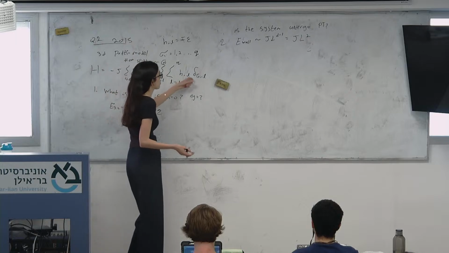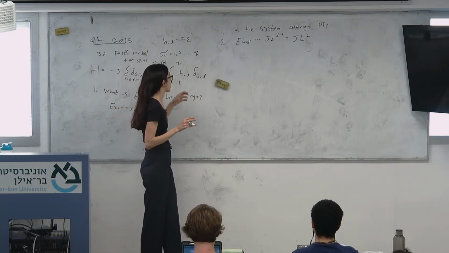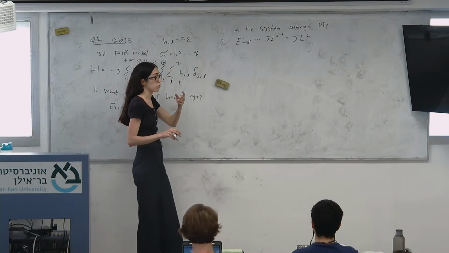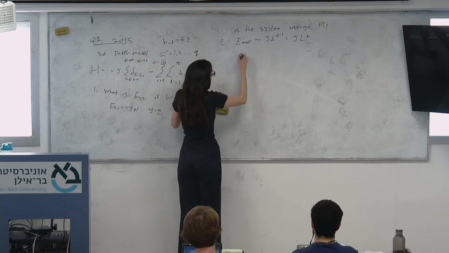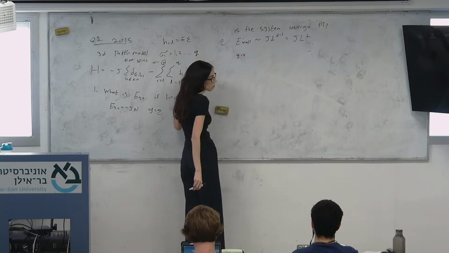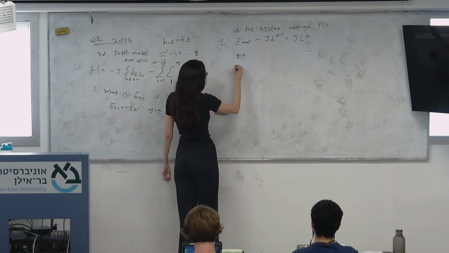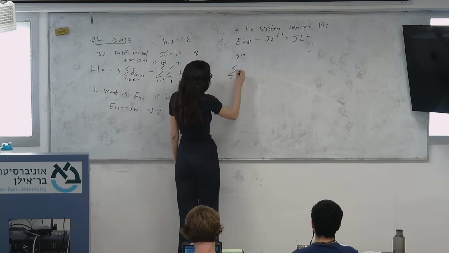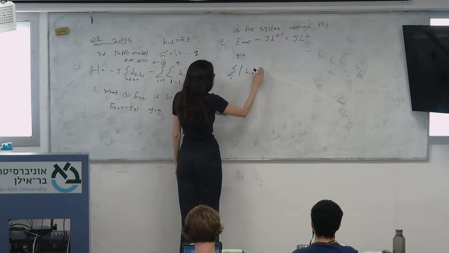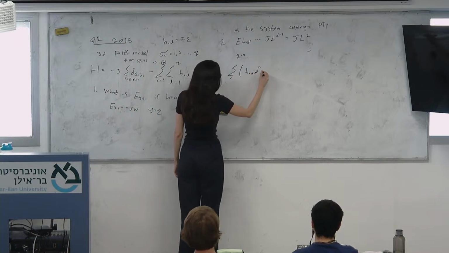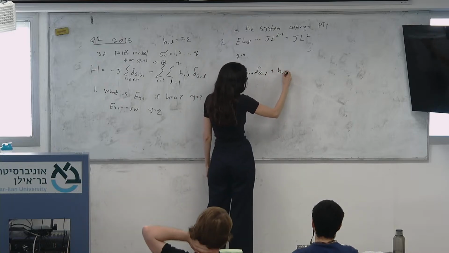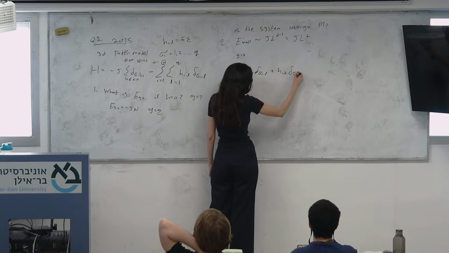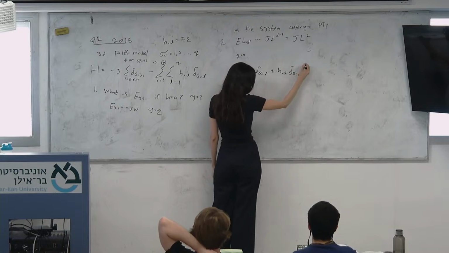If we look at the simplest case where sigma I can only have 2 values, so let's say q equals 2, this is going to be the sum over I of h_i1 delta sigma_I1 plus h_i2 delta sigma_I2.